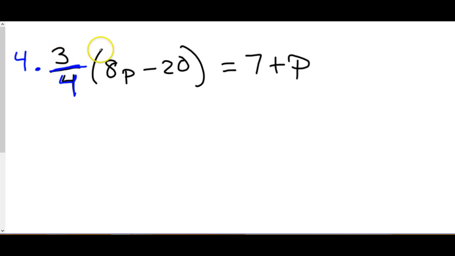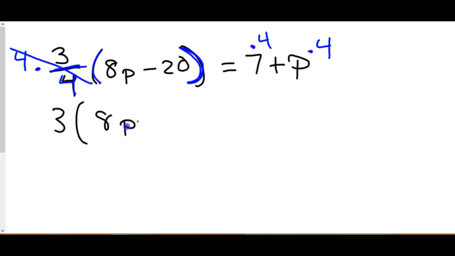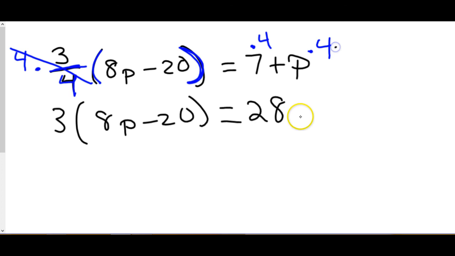Because the 3/4 is attached to this entire thing by parentheses, on the left side we only include 1 multiply by 4. On the right side, there's no parentheses or no divide sign, so we have to multiply each individual term by 4. So the 4 over 4 cancels. We're left with 3 parenthesis 8p minus 20. On the right side, 7 times 4 is 28. P times 4 is just 4p.